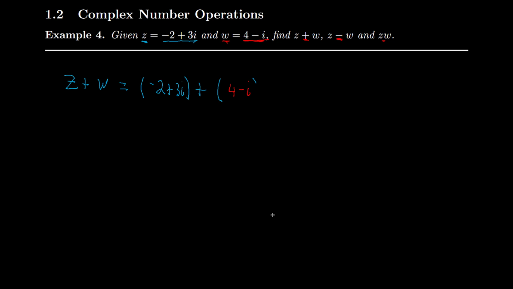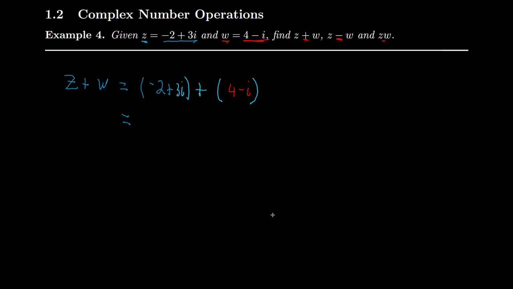Awesome. So we're going to add together z and w. This is very easy. All that you do is add their real parts and add their imaginary parts together. That is, you gather like terms, just like you always have. This plus in between the two sets of parentheses is doing absolutely nothing.